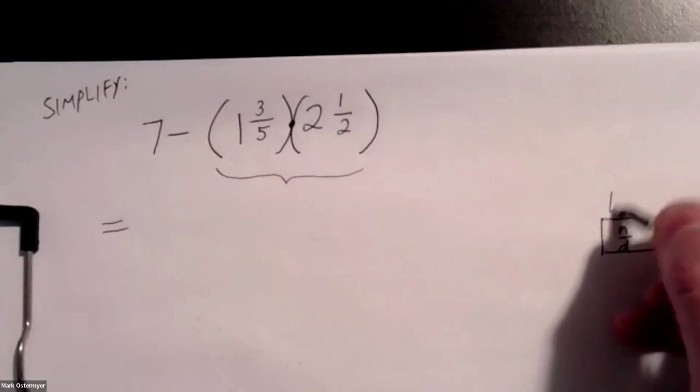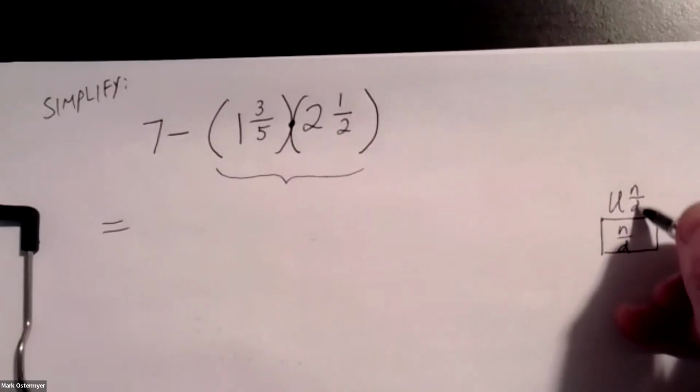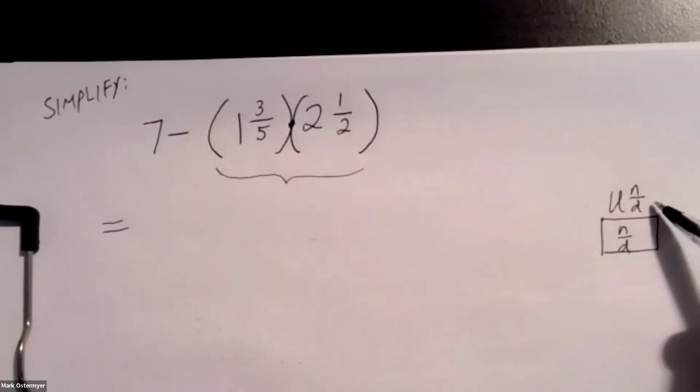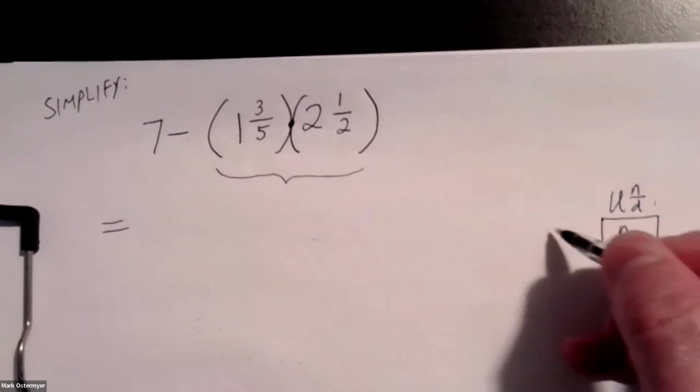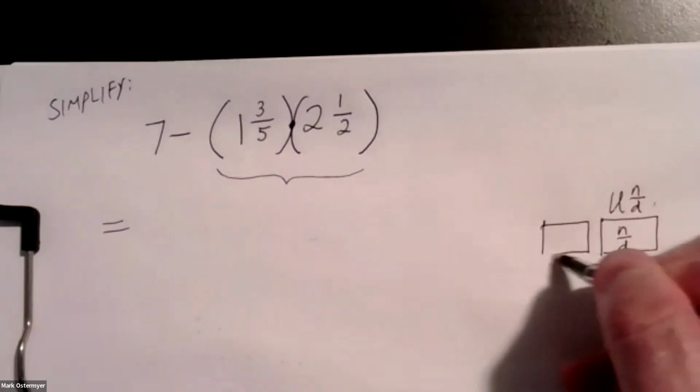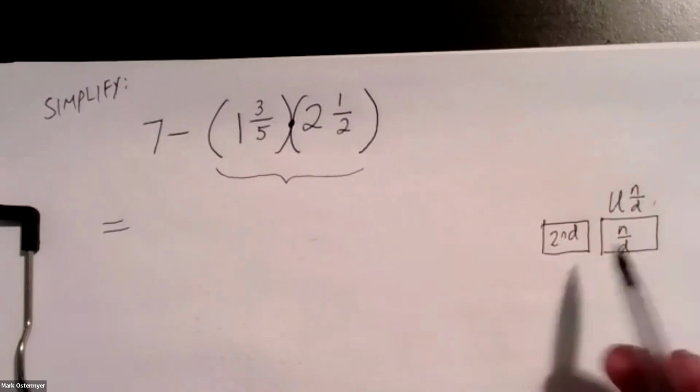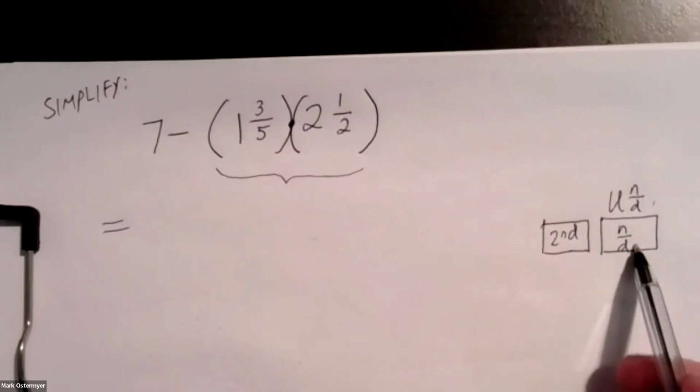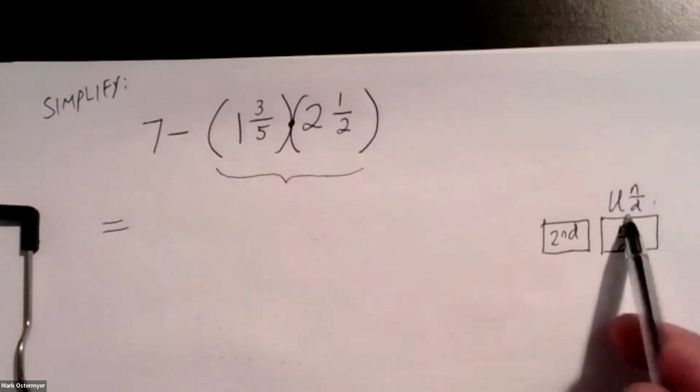Above your fraction button, you see U and N over D. This is your mixed number function on your calculator. But to access it, since it's above your fraction key, you have to hit the second button first, then your fraction key. That'll bring up the mixed number template.